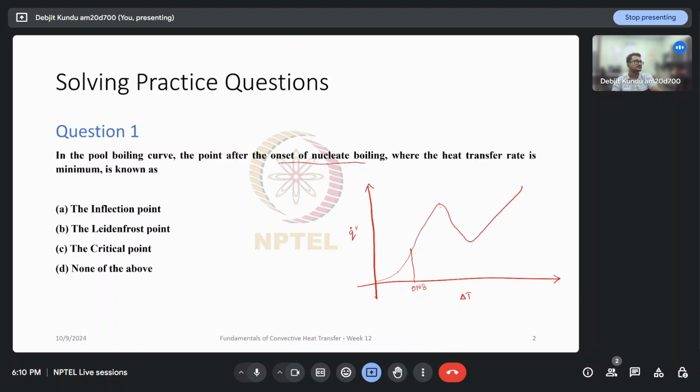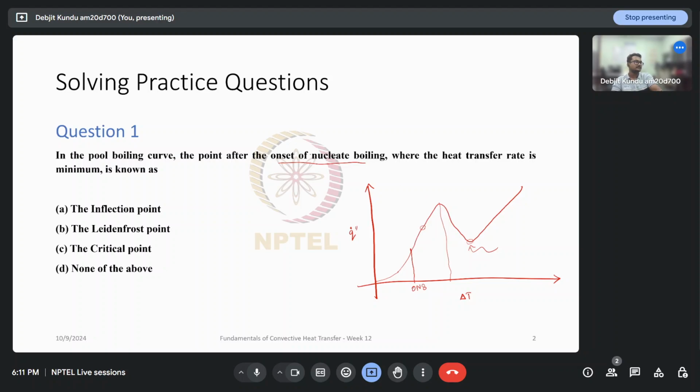And this reaches a maximum point. There is one important point here, and here is the minimum point that we are interested in for this question. In the pool boiling curve, the point after the onset of boiling, where the heat transfer rate is minimum, is what?